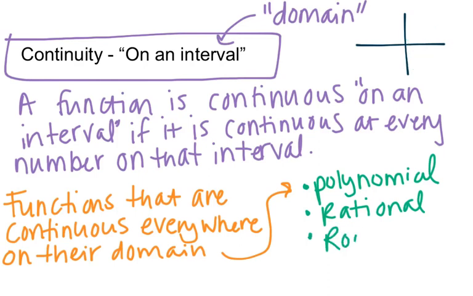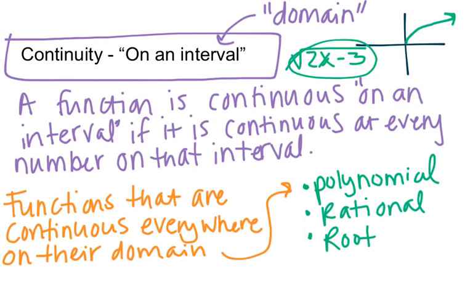Another common one is the root function. Radicals, square root of x, things like that. These functions have a natural restriction to their domain because we can't take square roots of negatives. So what you have to keep in mind with any radical function is, let's say we had this under the radical, anything underneath here has to be greater than or equal to 0.